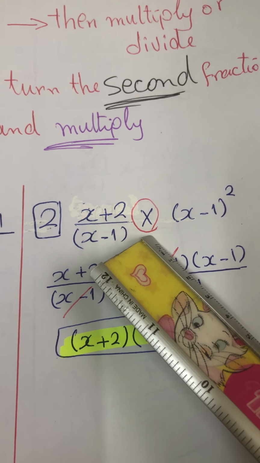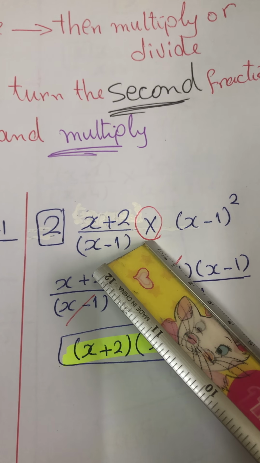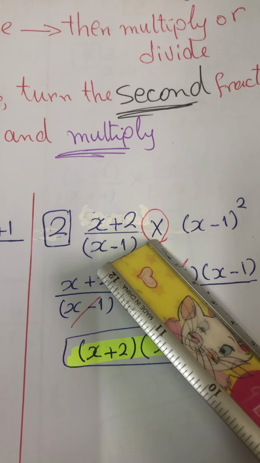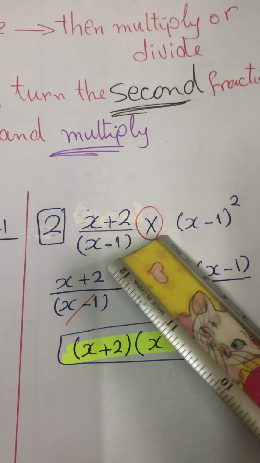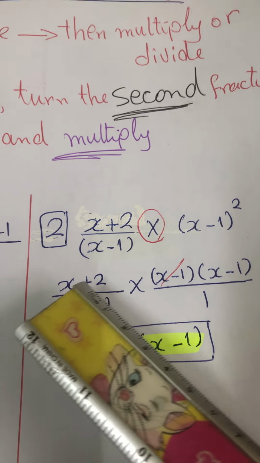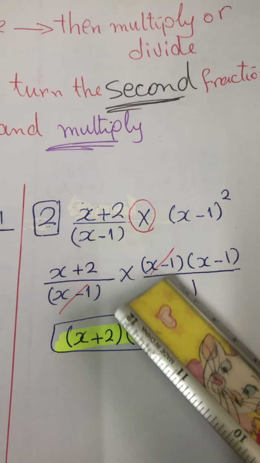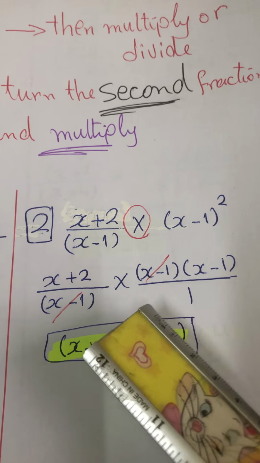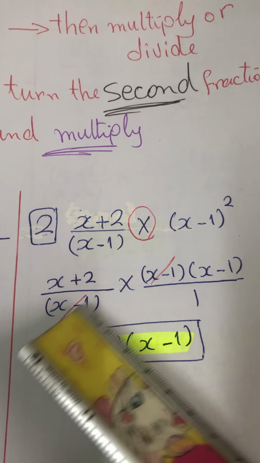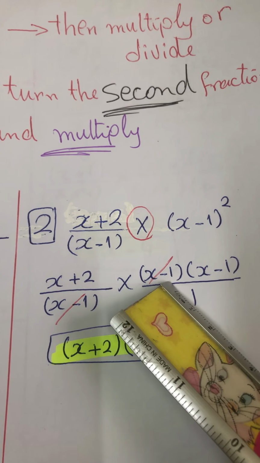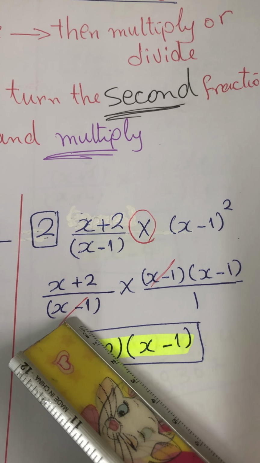It's multiplication. Each time, please take care of the sign. Is it multiplication or division? It's multiplication. So I'll take (x plus 2) over (x minus 1), multiply (x minus 1) times (x minus 1) over 1. It's allowed for you to cancel crosswise, up and down. Cancel this bracket and this bracket.